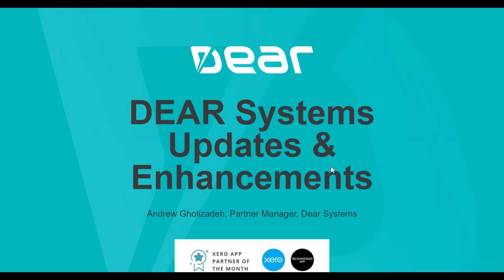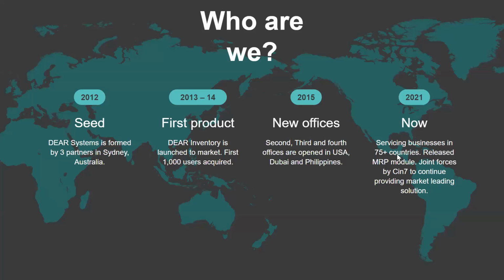One of the first modules we're going to cover is a real quick overview of where we started, because a lot of questions have been coming up: are you an American company, an Australian company? We get that all the time. We were actually an Australian company, and we've had rapid growth from 2012, 13, 14, off the back of the Xero and QBO ecosystems.